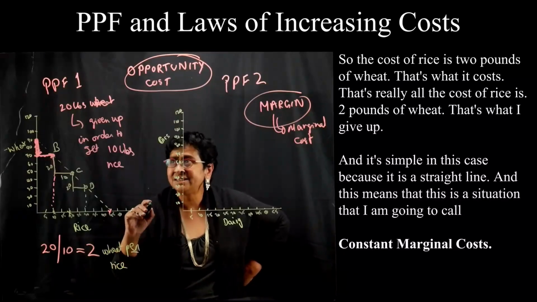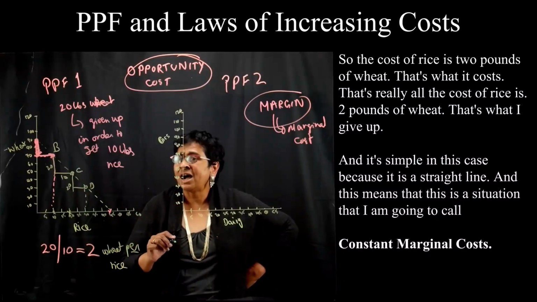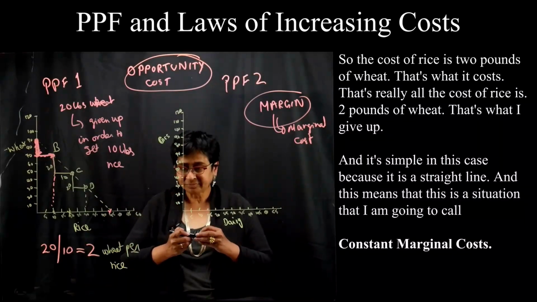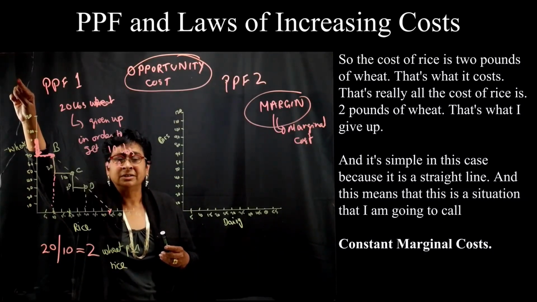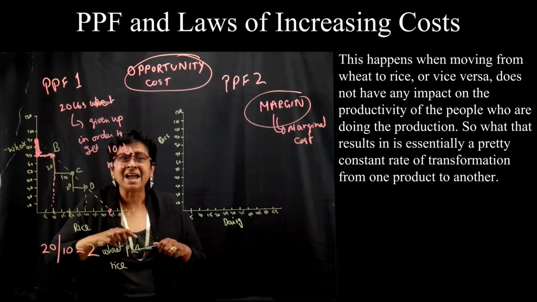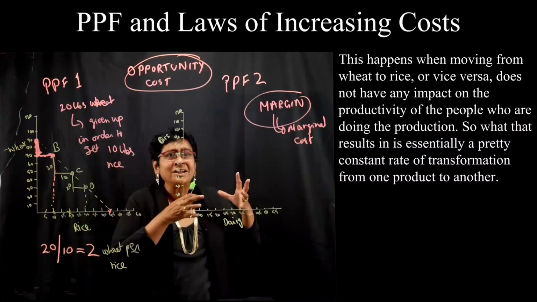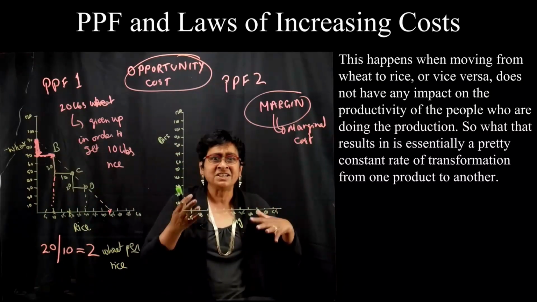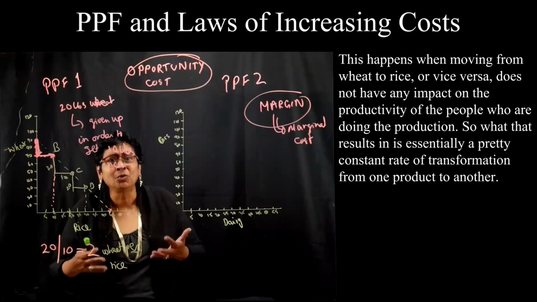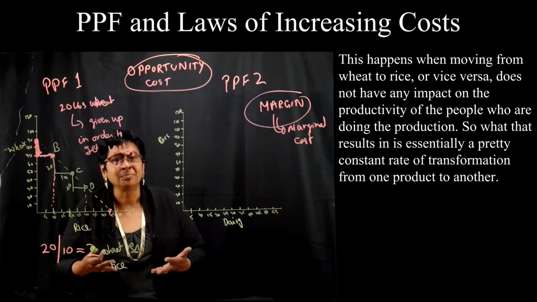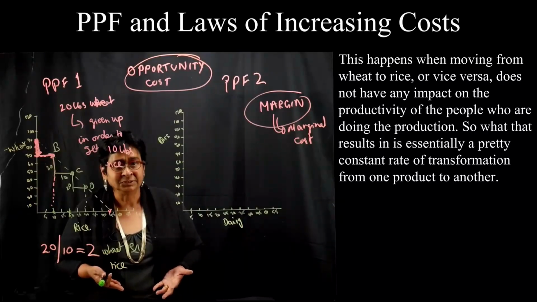And this is a situation that I am going to call constant marginal costs. This happens when moving from wheat to rice or vice versa does not have any impact on the productivity of the people who are doing the production, right?